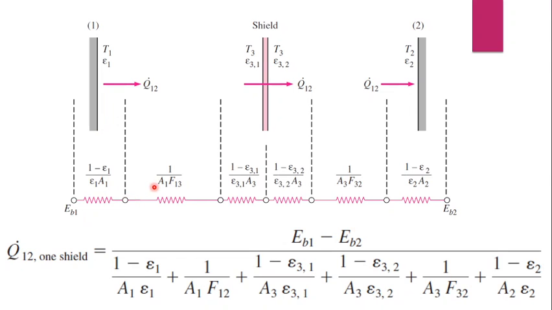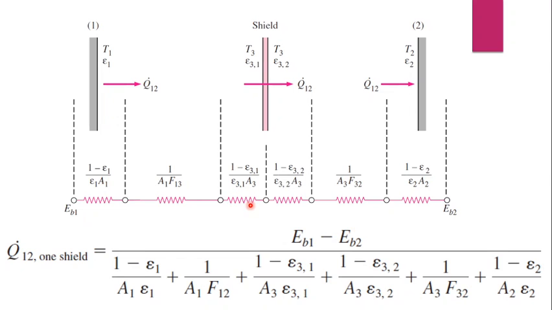After that we find the space resistance between this plate and the radiation shield. Assume that the radiation shield has emissivity epsilon 31. So 1 divided by (A1 F13), where F13 is the view factor between 1 and 3, will be your space resistance. After that we reach this point, the radiosity of the shield on the left side.